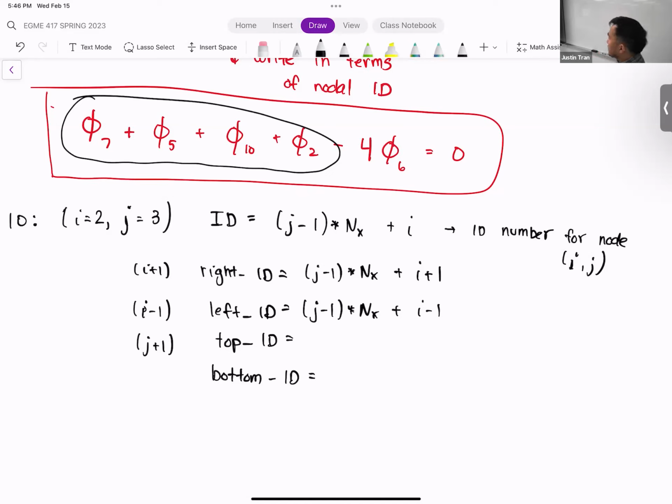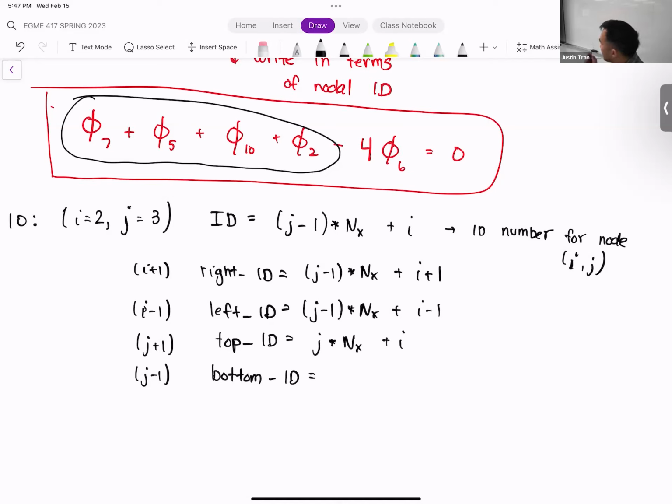The top neighbor is 1 above, and so 1 above means we're going to go j plus 1. If we replace j with j plus 1 there, we're going to have j plus 1 minus 1, so the ones are going to cancel out, and so we have j multiplied by nx plus I. And then for the bottom neighbor, we have j minus 1, because that's going to be 1 j coordinate below.